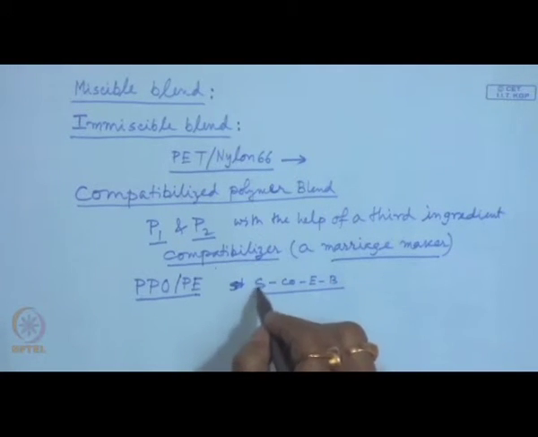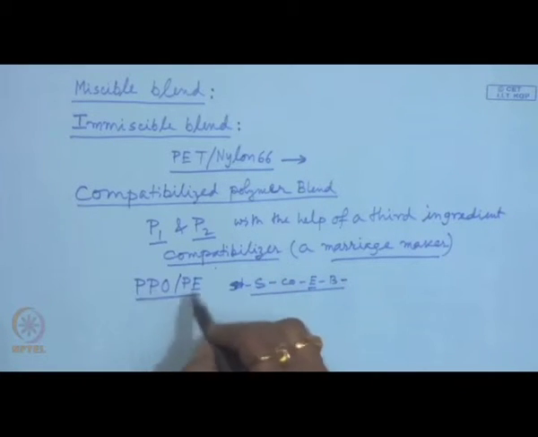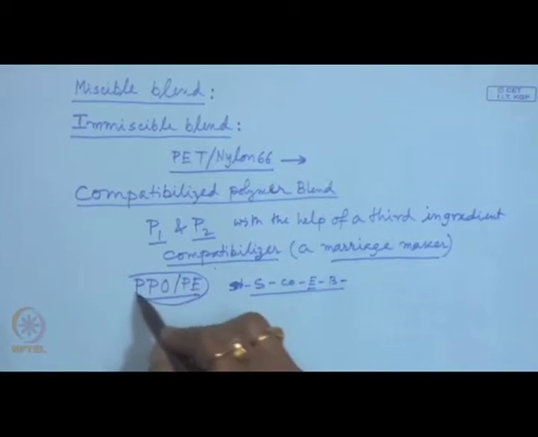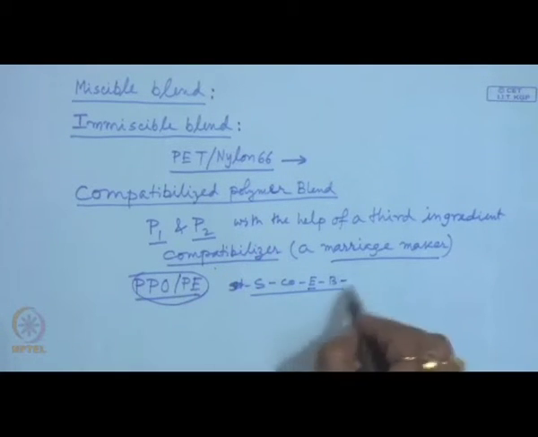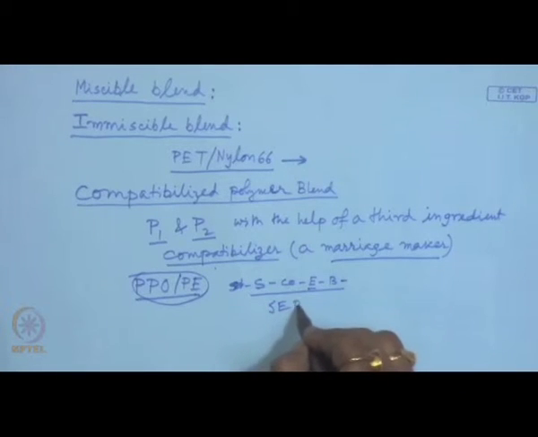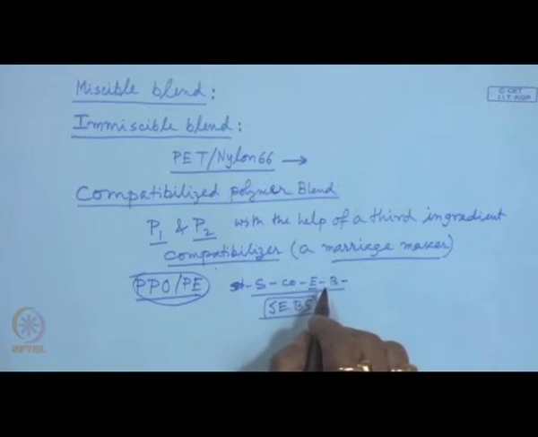Because of the presence of the phenyl ring of styrene, the ethylene unit, and the butylene unit, these help to make these two component polymers miscible. So, this is known as SEBS. So, SEBS can act as a compatibilizer.